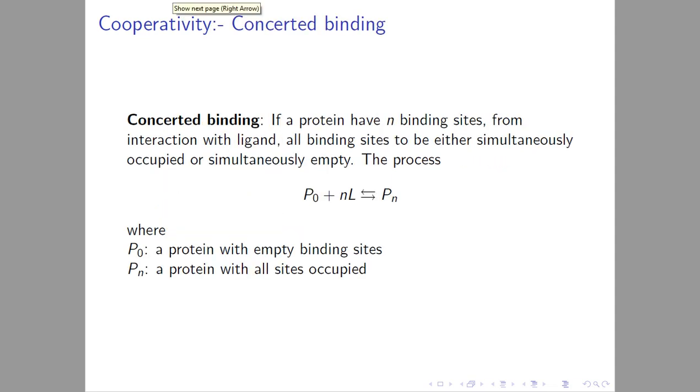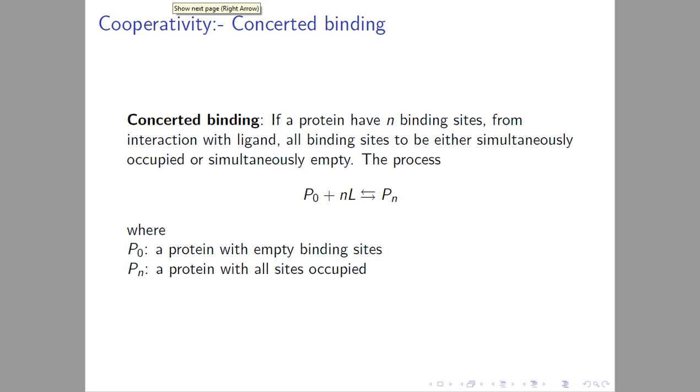So these are the concepts of binding. If a protein has N binding sites, let's say hemoglobin with four binding sites, in this interaction all binding sites are either simultaneously occupied or simultaneously empty: all bound or all unbound.